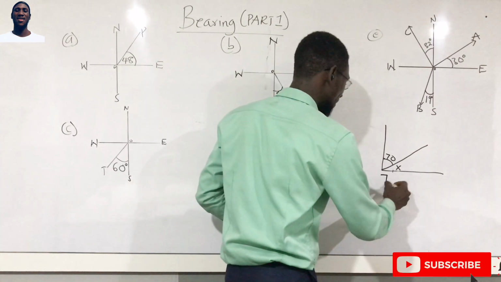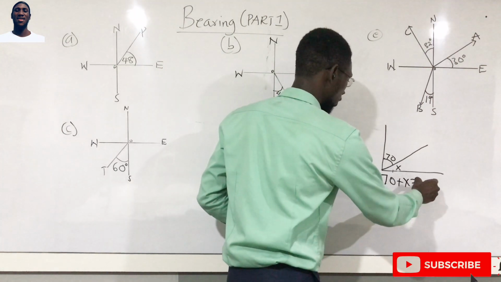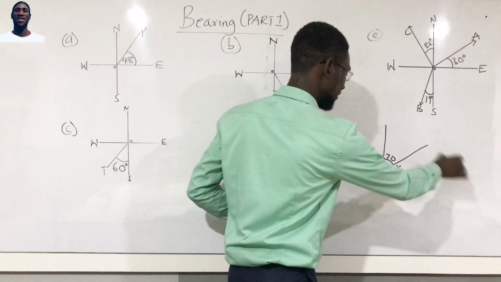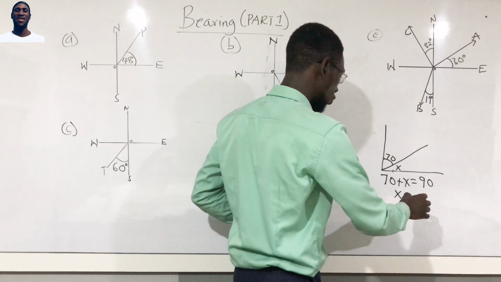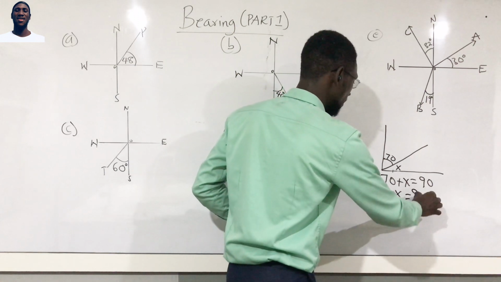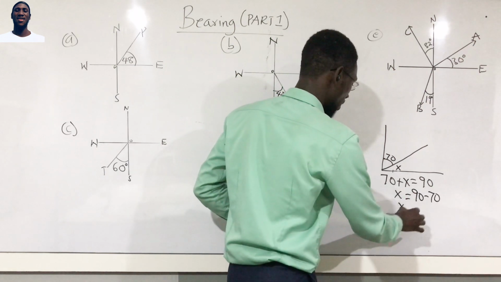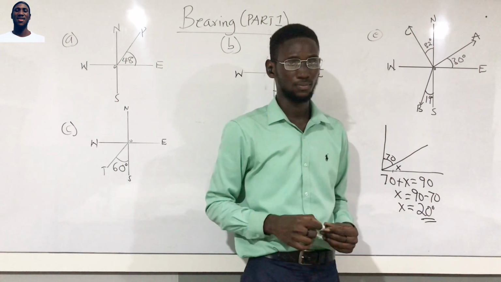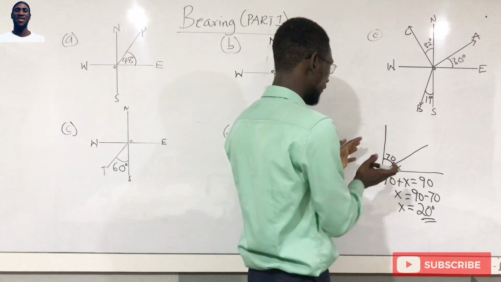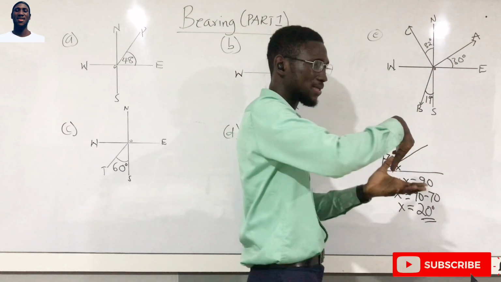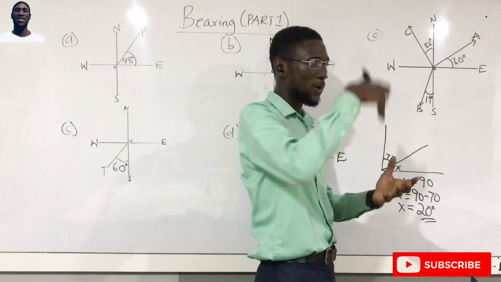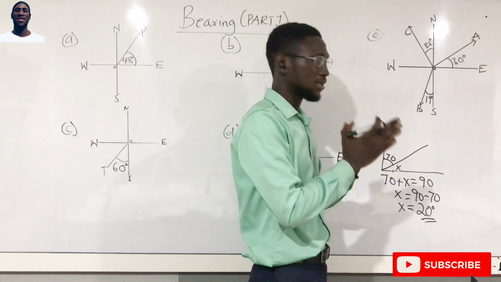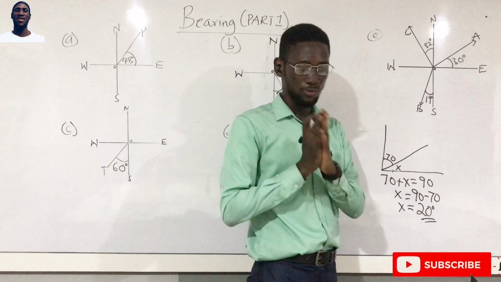So I can say 70 plus x equals 90 degrees. I send my 70 to the right-hand side of the equation, I have 90 minus 70. So my x now becomes 20 degrees. So anytime we are given an angle in the midst of a right angle, we can add those two angles and equate it to 90 degrees.